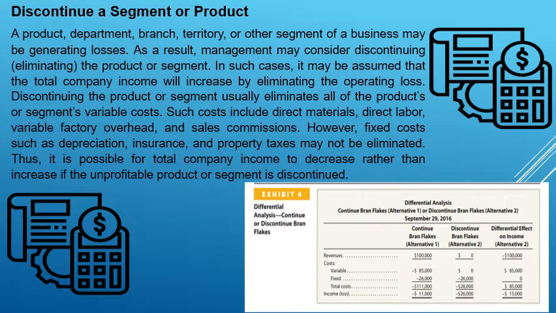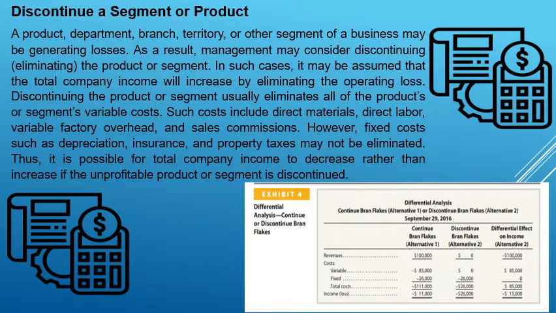In such cases, it can be assumed that the total company income will increase by eliminating the operating loss. Discontinuing the product or segment usually eliminates all of the product's or segment's variable costs. Such costs include direct materials, direct labor, variable factory overhead, and sales commission. However, fixed costs such as depreciation, insurance, and property taxes may not be eliminated. Thus, it is possible for total company income to decrease rather than increase if the unprofitable product or segment is discontinued.